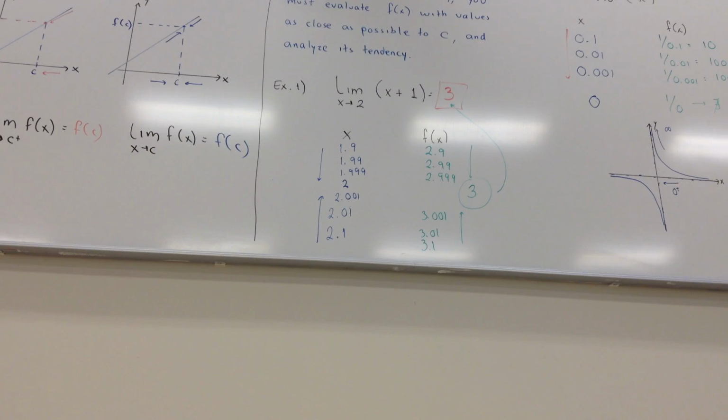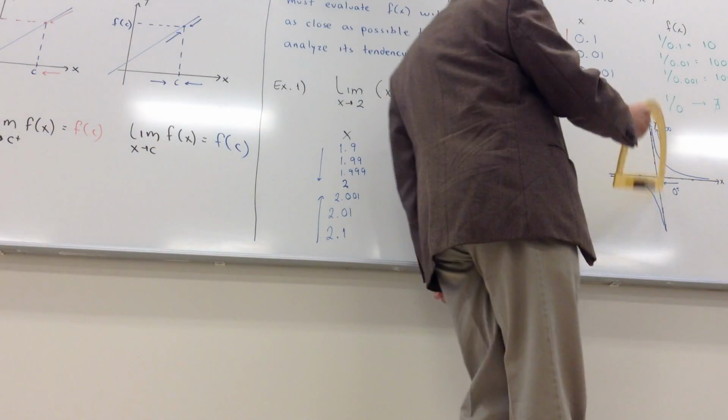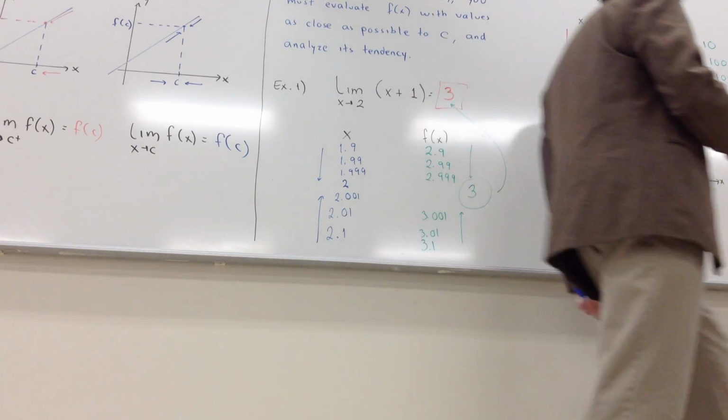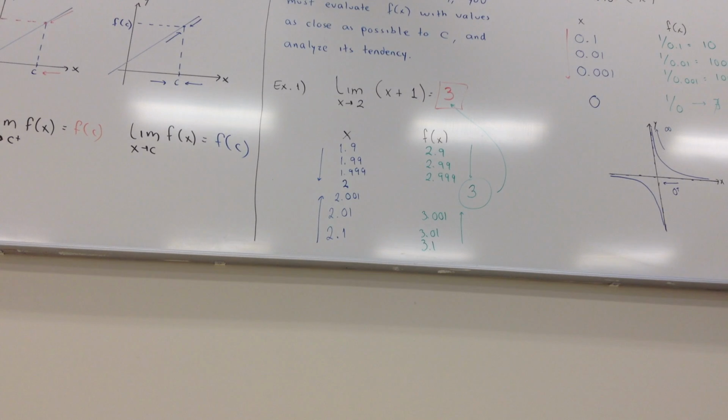In the graph, where is the value that doesn't exist reflected? In the asymptote. Remember, what this means is that I'm evaluating the function with values that are very, very close to 0.